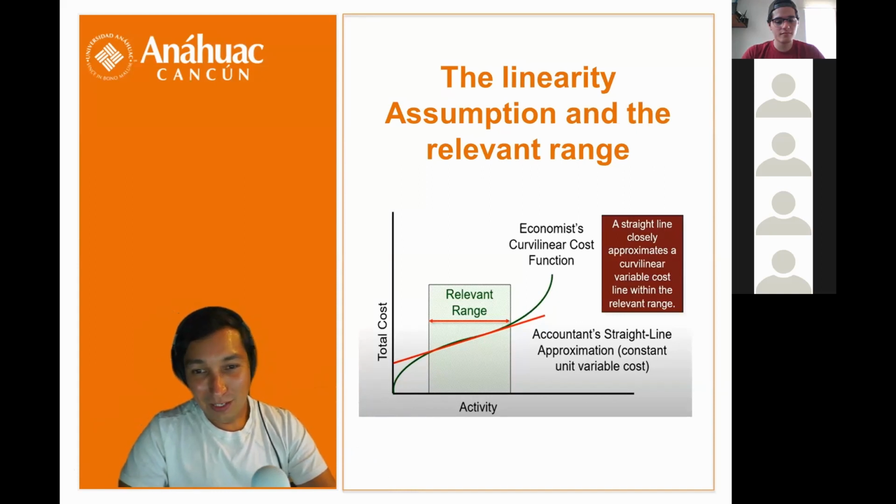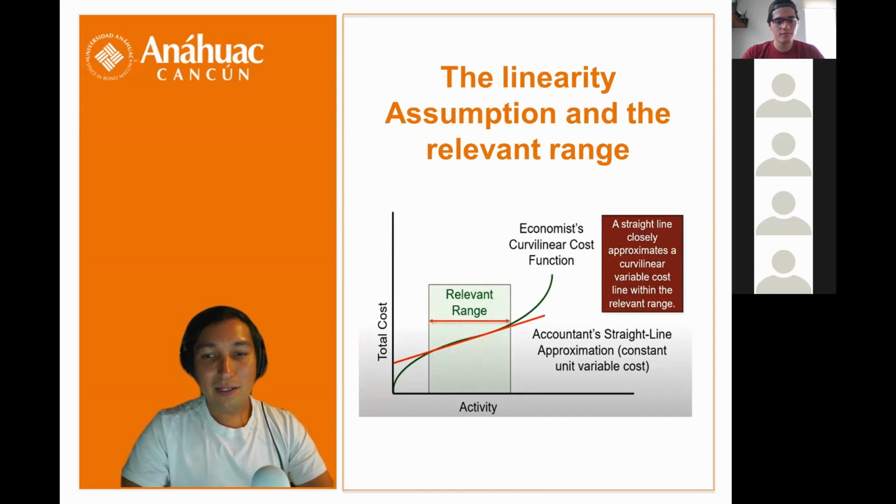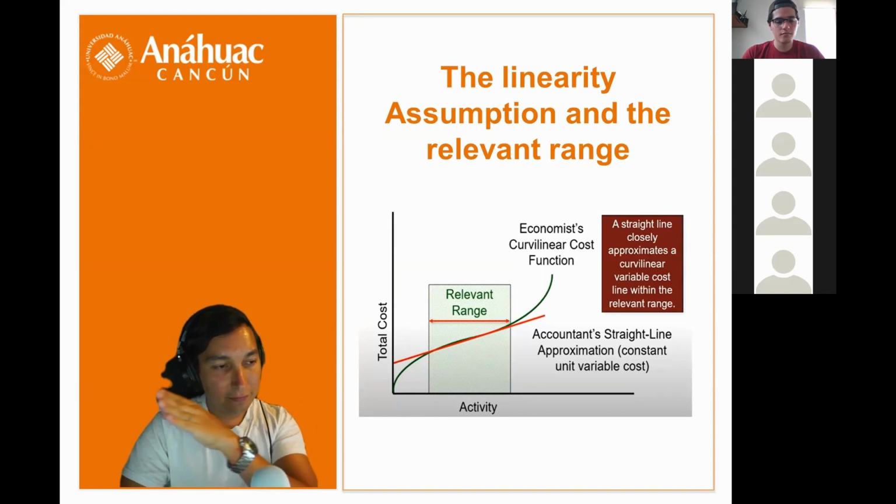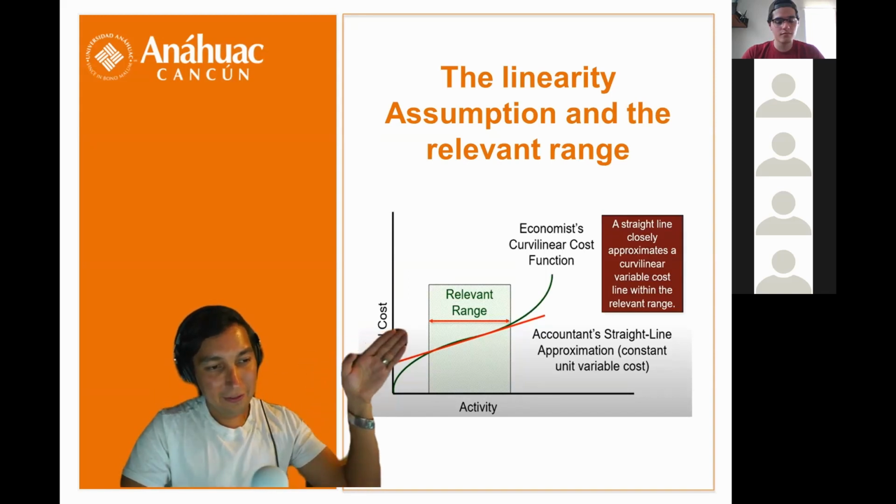Okay, so when we talk about within the relevant range and what that is referring to, I know that it sounds kind of strange, but it's essentially this green area that you're watching in the plot.